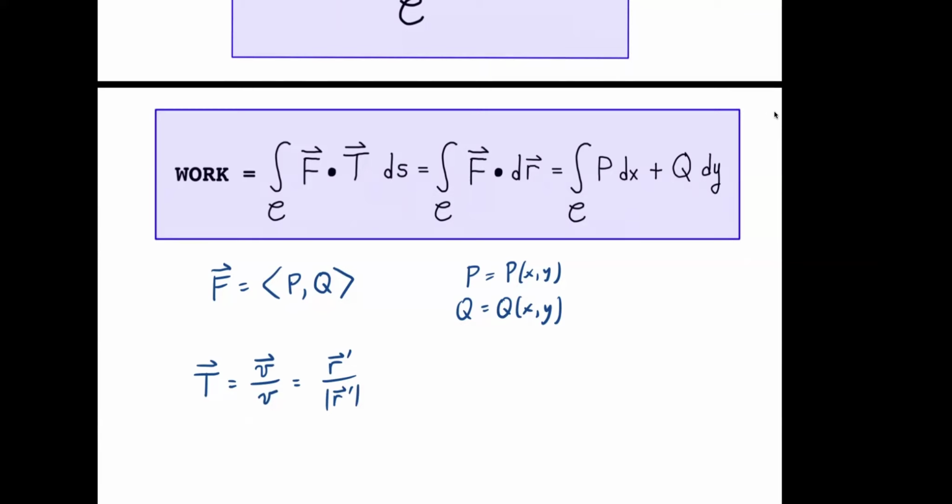Okay, so the velocity has within it the direction of the unit tangent vector, and by taking the velocity and normalizing it to be a unit vector, you get this unit tangent vector.